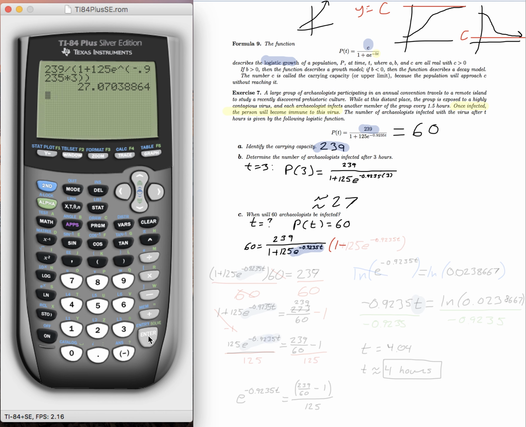that would be 1 plus 125 e to the negative 0.9235 t, left and right, we will end up with that.